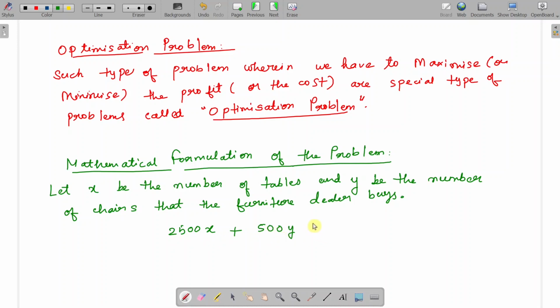The total cost should be less than or equal to 50,000 because he only has 50,000 as the budget. Now we will divide by 500 here, so we will get 5x plus y less than or equal to 100. Okay, and now this is called the investment constraint.